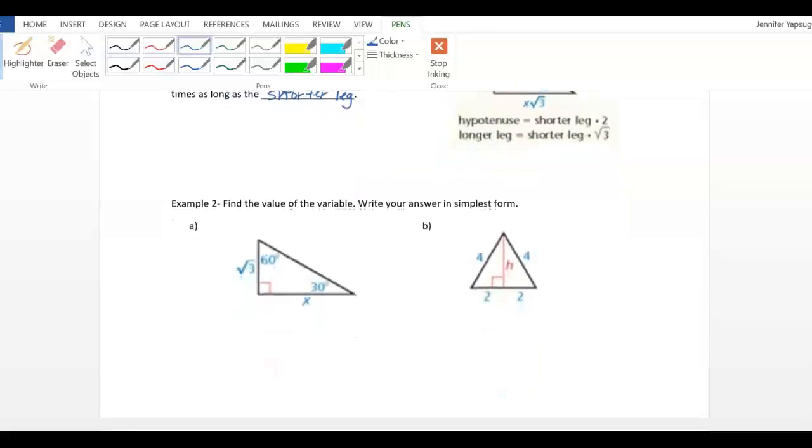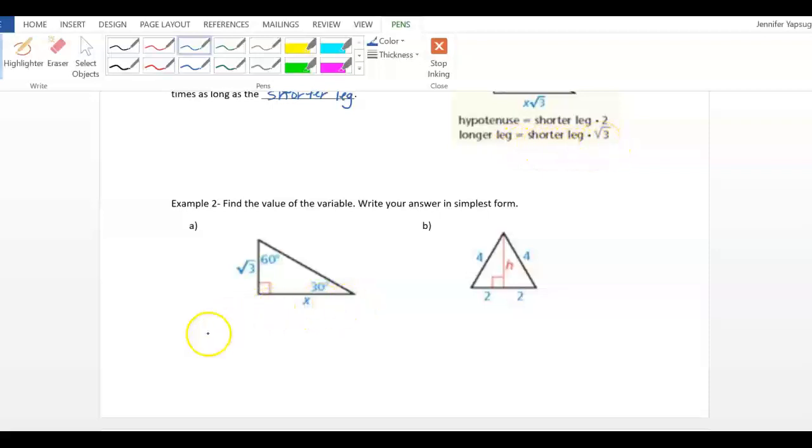So in example 2, we're asked to find the values of the variable, and write our answers in simplest form. We have a 30, 60, 90 degree triangle, and we are asked to find the length of the longer leg. Looking up here, the longer leg is equal to the shorter leg times the square root of 3.